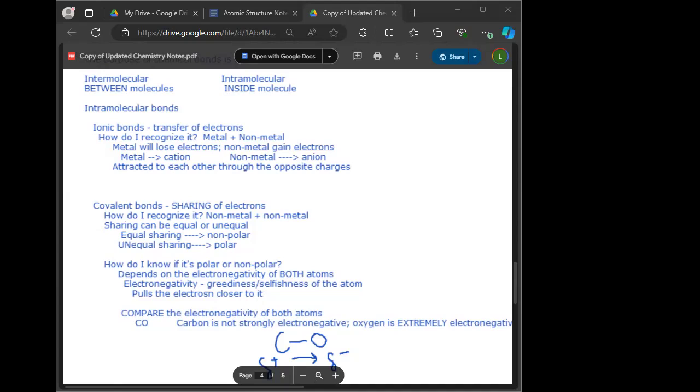In an ionic bond, there is a transfer of electrons. So basically, one atom is losing and one atom is gaining.